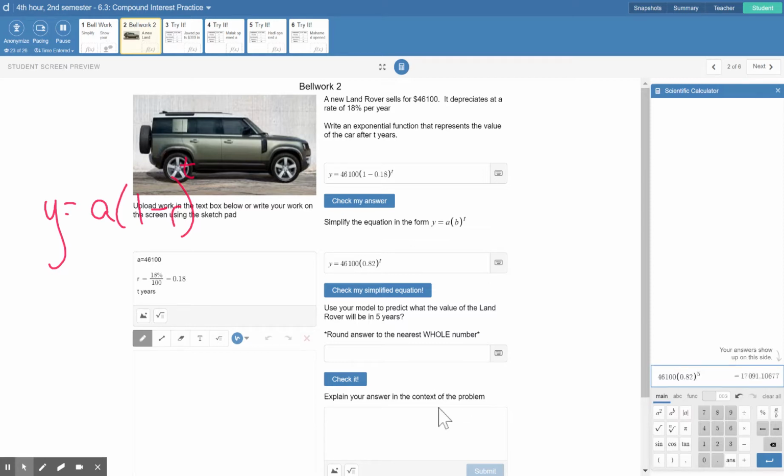So we put our 5 and just type out the answer. The value of the car will be $17,091. And you move forward. Now for slides 3 through 6, this is where we have the compound interest problems.